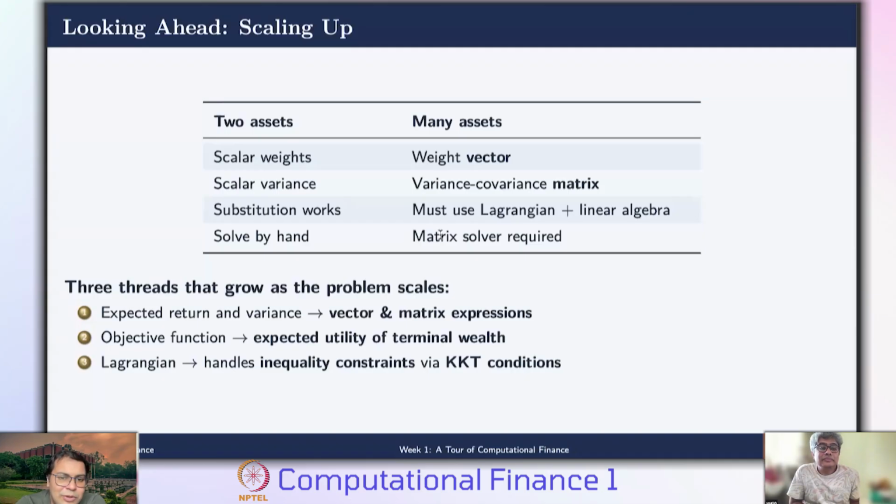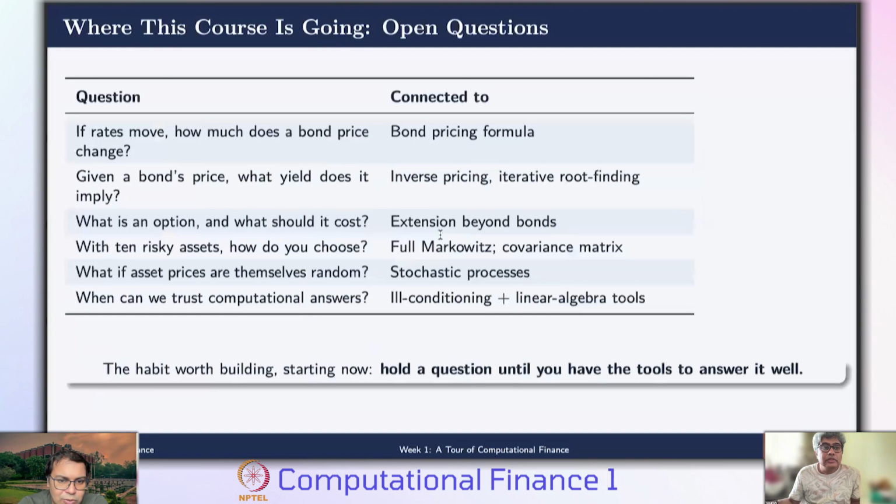So I think the general point is we will generalize a lot of these concepts, and that will introduce us to new tools and new computational issues that we have to solve. Some of the things we want to generalize: rather than looking at the objective function as just mean variance, we would want more general functions. Then the question is how do you deal with that sort of issue?